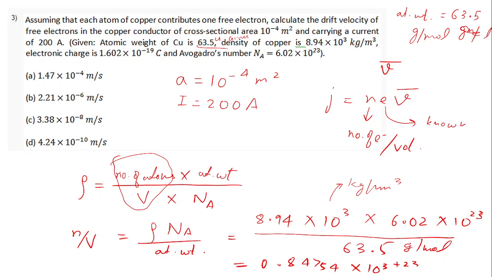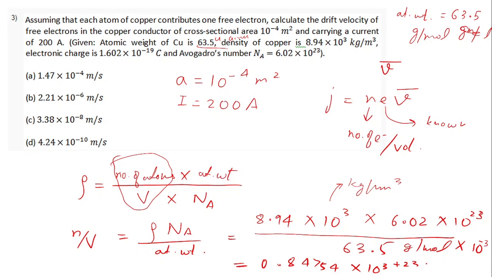This is in gram per mole, so that means 1 mole has 6.02 into 10 to the power 23 atoms, but this is in gram per mole, because when nothing is written, it is understood it's in gram per mole. So I need to convert this into kg. And when I convert gram into kg, it will be 10 to the power minus 3.